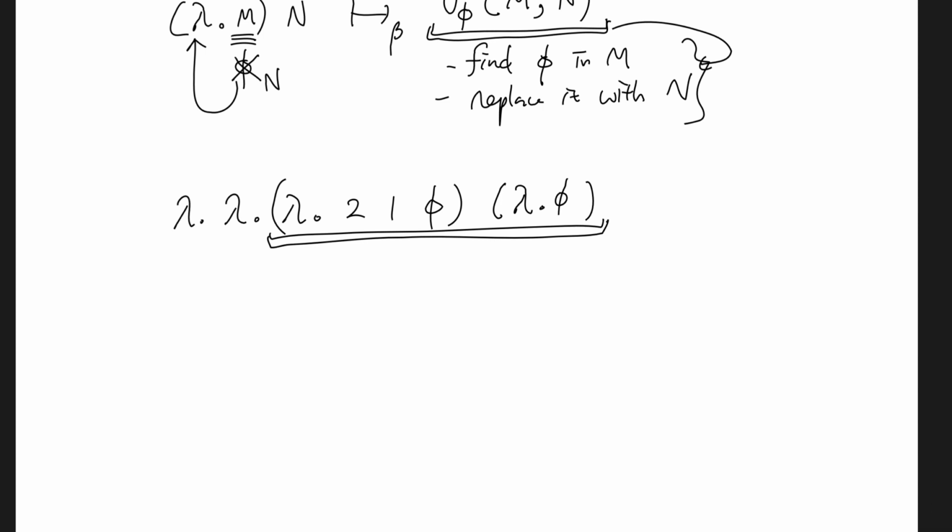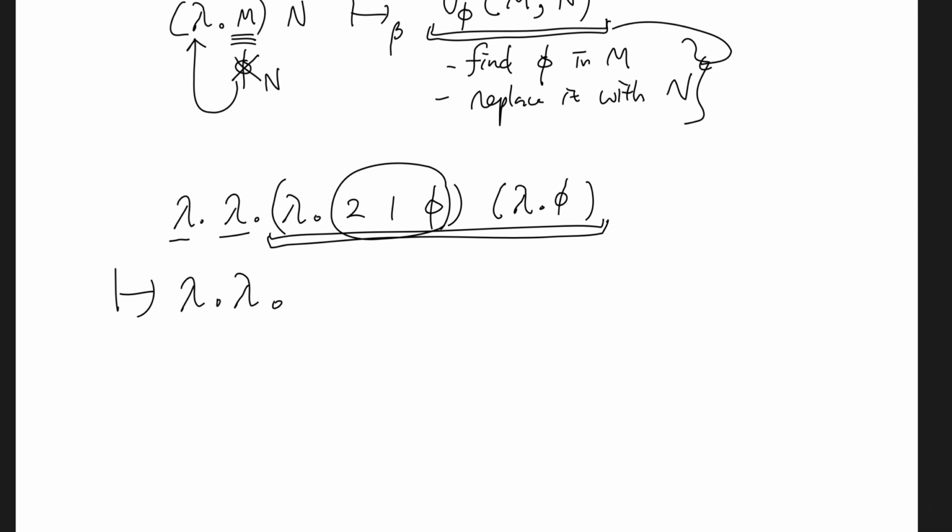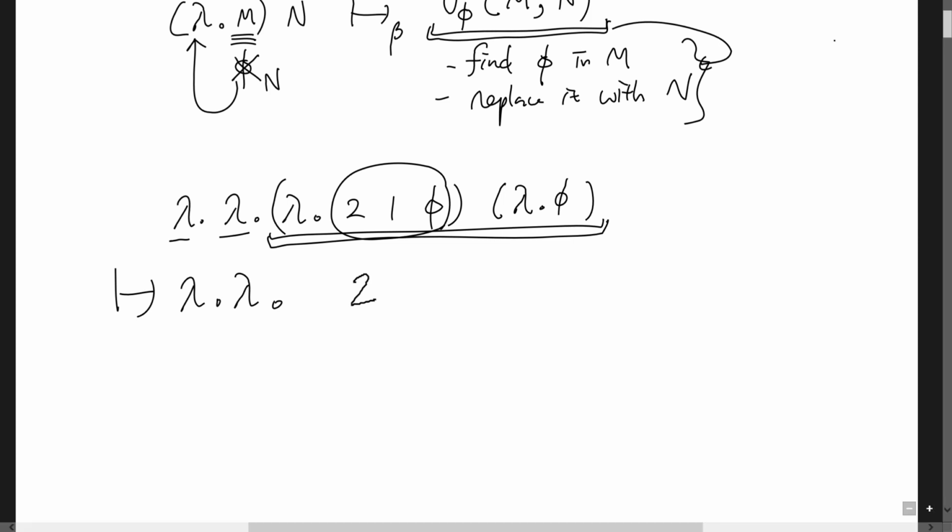Then these two lambda binders stay the same. And now this is the body of the lambda abstraction. So what we have to do is basically this one. Find the de Bruijn index 0 from the body.